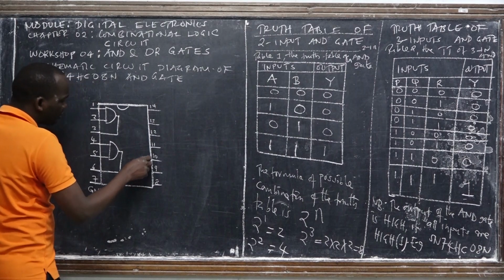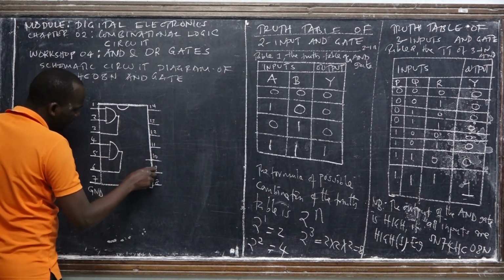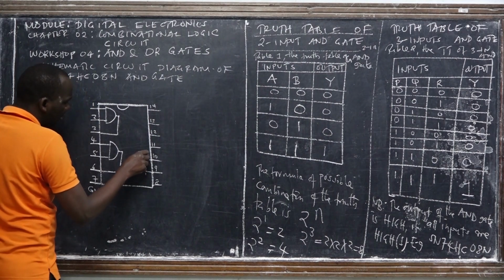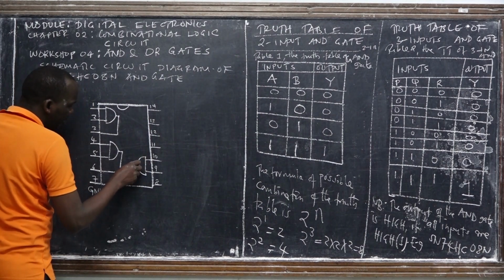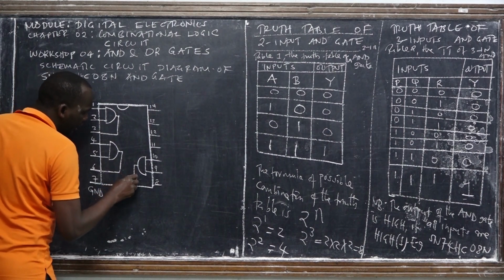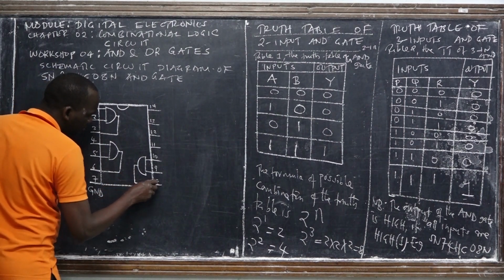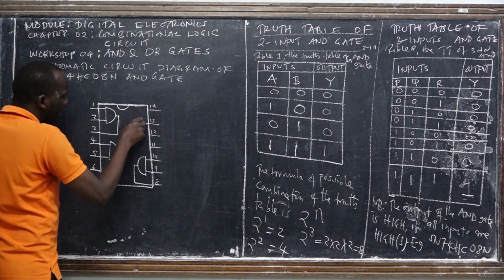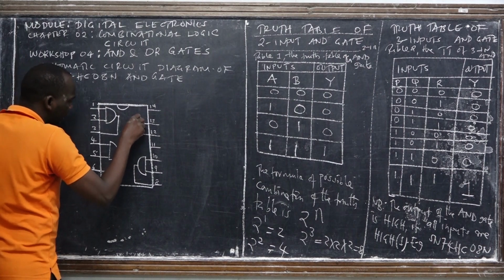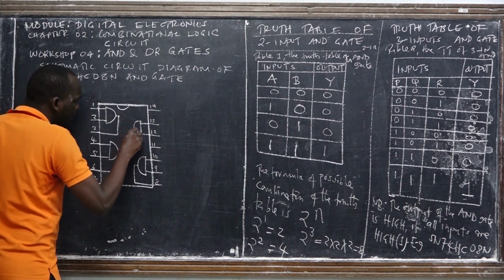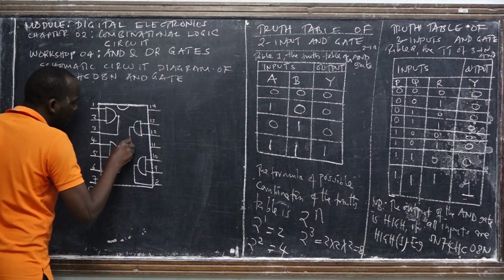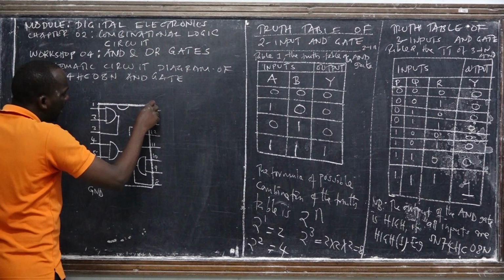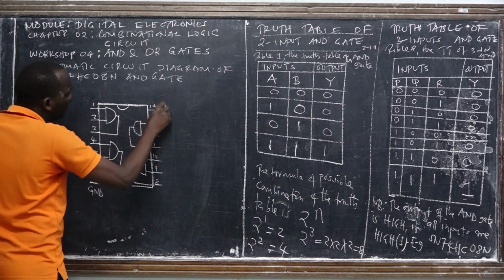Then on this side, we also have 2 AND gates. Pin number 9 and pin number 10 are the inputs of the AND gate, and pin number 8 is its output. Pin number 13 and pin number 12 are the inputs of the next AND gate, and pin number 11 is its output. Pin number 14, we call VCC.